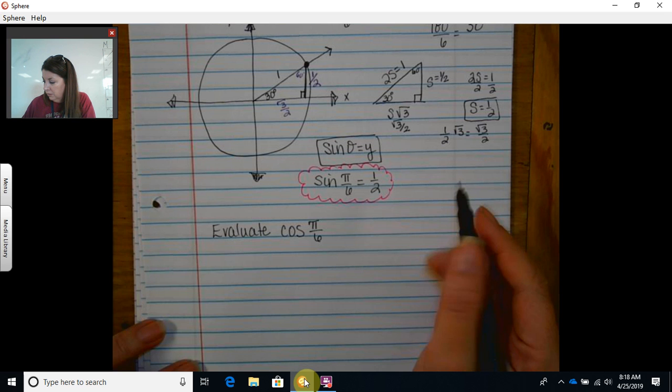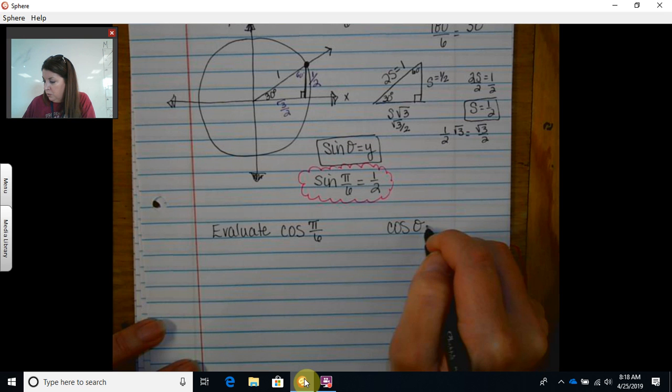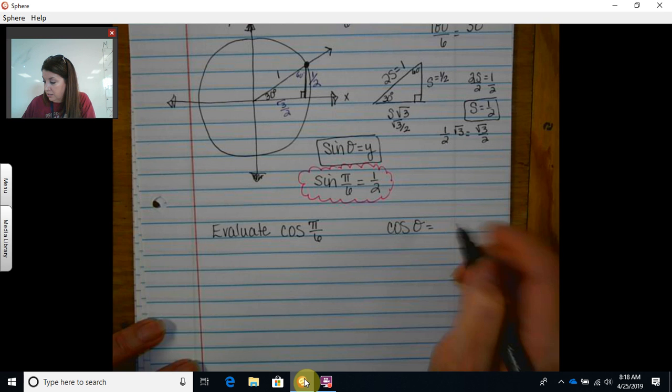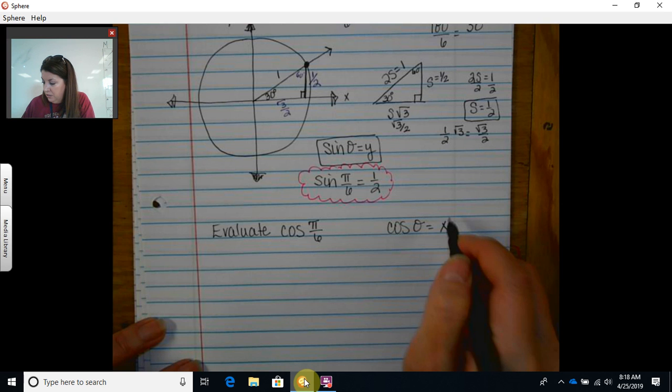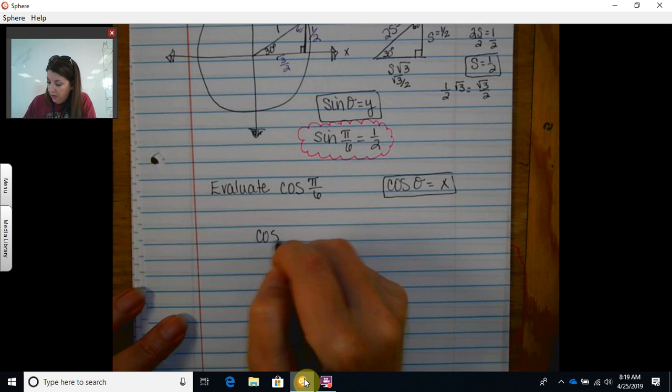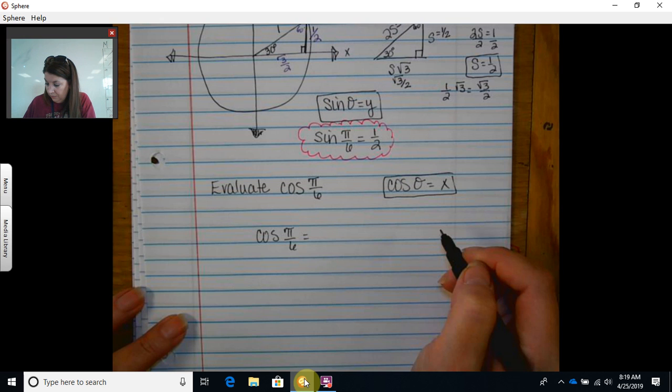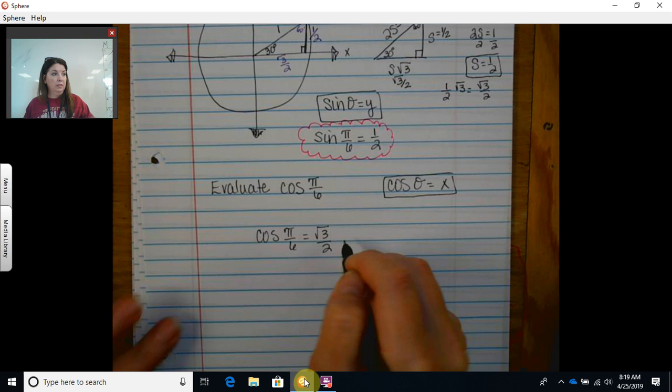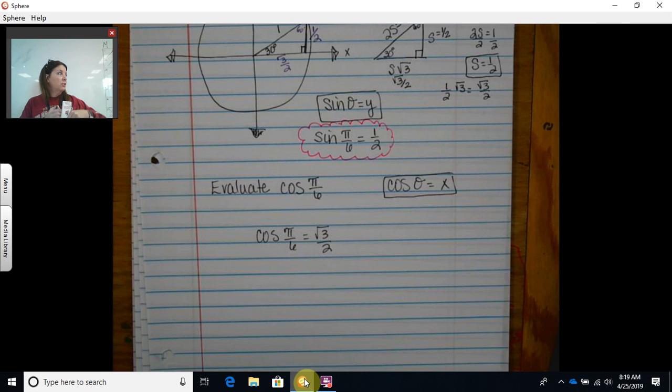Cosine of theta equals x. So do we already know this information? Yes. The cosine of pi over 6 is what? The square root of 3 over 2. Thank you. Oh, make sure you scan back in, the big one.